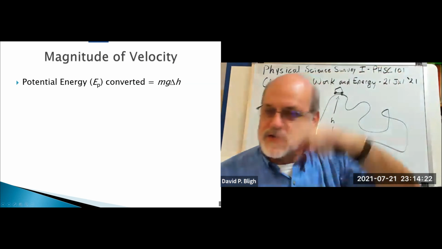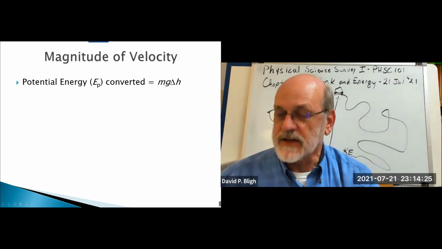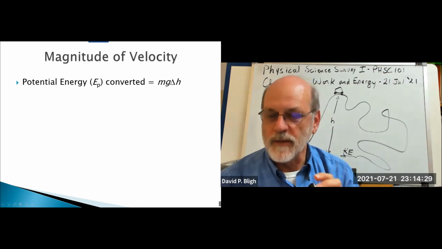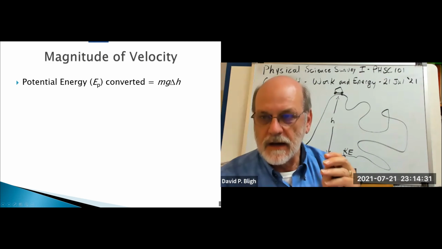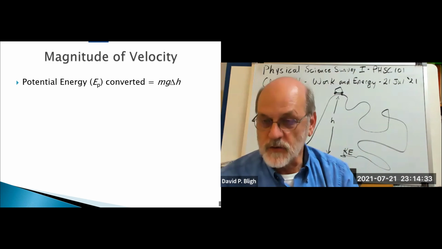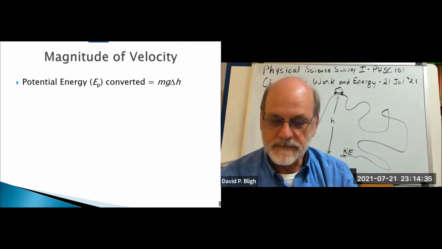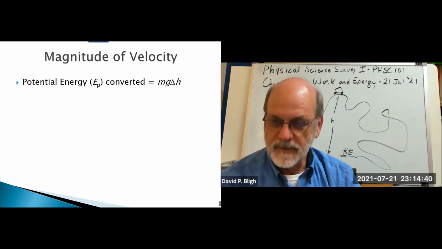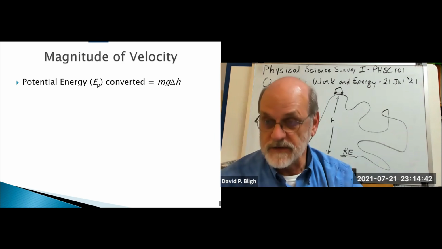Now, if you look back to our second chapter where we were studying kinematics, we had formulas that were telling us how fast things were moving, for instance. Now we know why they're doing that, because there's an interchange of energy.